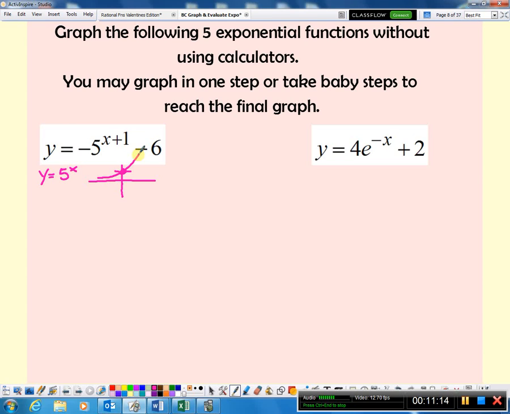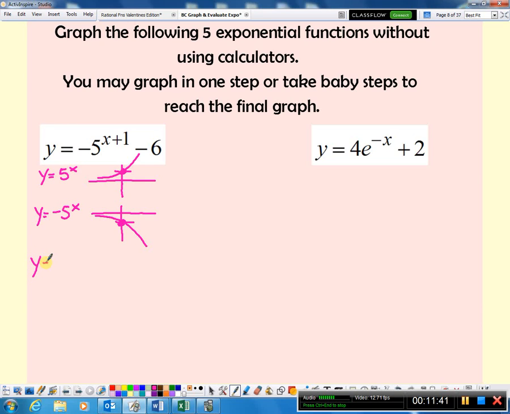So I would say, well, my first transformation is what's going on with y equals negative 5 to the x? Well, that transformation flips the graph vertically over the x-axis, so the horizontal asymptote doesn't change, but the intercept does. Because what you're doing is you're making your y values negative, so I'm going from 0, 1 to 0, negative 1.